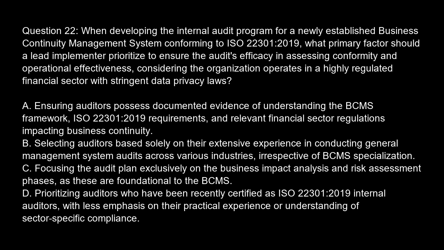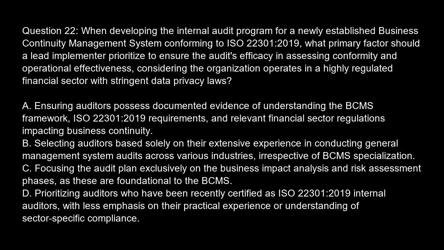Option A. Ensuring auditors possess documented evidence of understanding the BCMS framework, ISO 22301-2019 requirements, and relevant financial sector regulations impacting business continuity. Option B. Selecting auditors based solely on their extensive experience in conducting general management system audits across various industries, irrespective of BCMS specialization.